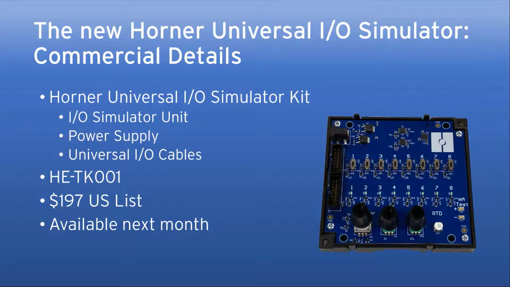The part number is, you can see there on the screen, the HE-TK001, and it has a list price of $197. So we think that's a pretty good price. $197 includes the simulator and all the cables and the power supply, and we think it's a pretty useful component for sure. And then this will be shipping starting next month. So something to be aware of there.